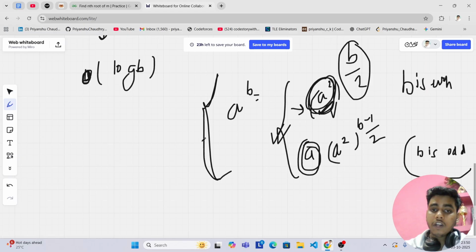If we write a recursive code, we can just simply write these things. If b is even, we can call a square and b by 2, and if b is odd, we can multiply a and call a square and b minus 1 by 2.